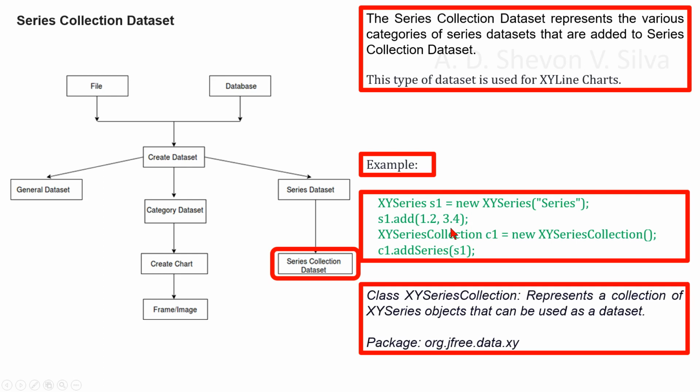Here the add method adds a data item to the series and sends a series change event to all registered listeners. Here x is the X value, and here y is the Y value.